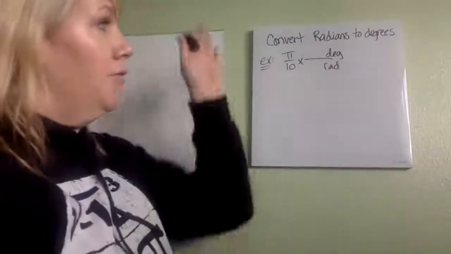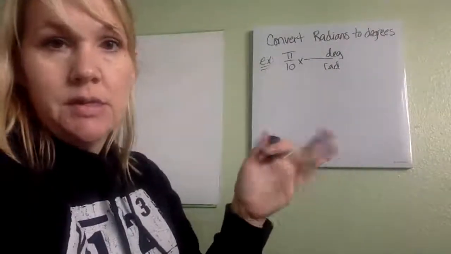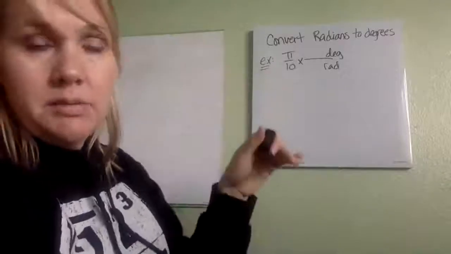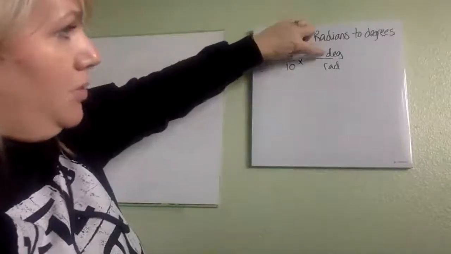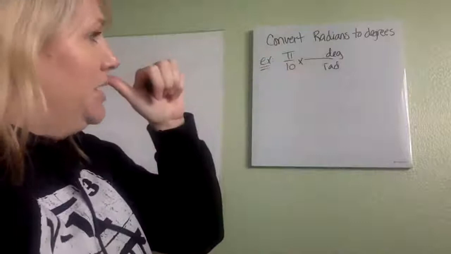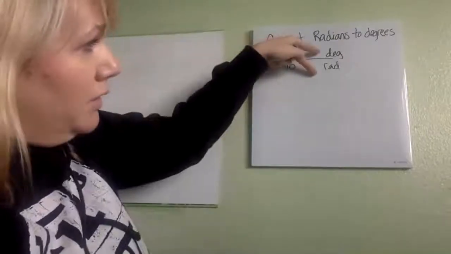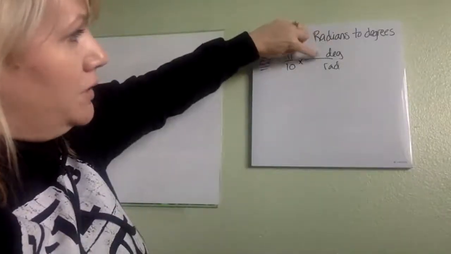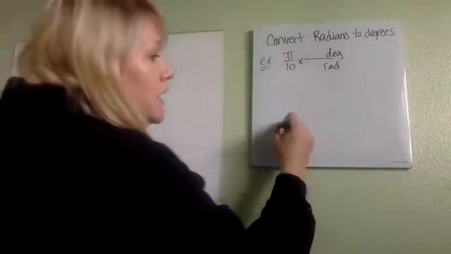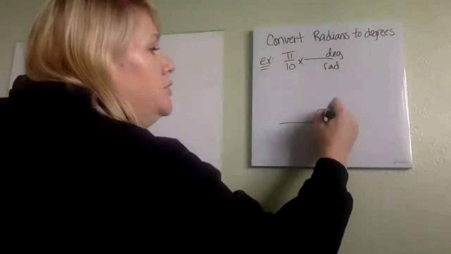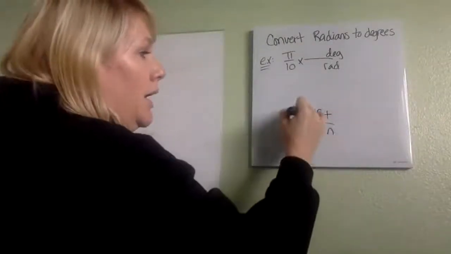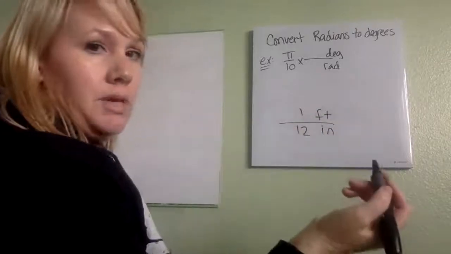Now, if I need to get from radians to degrees, I want to cancel the radians and end up with degrees. So the degrees goes on the top and the radians goes on the bottom. So what do we know is an equivalent fraction, right, with degrees and radians? So for example, if I was going to convert to feet from inches, I would divide by 12. Makes sense?